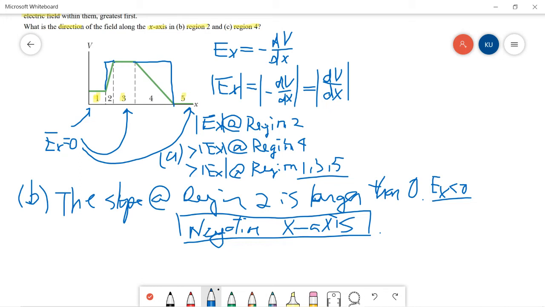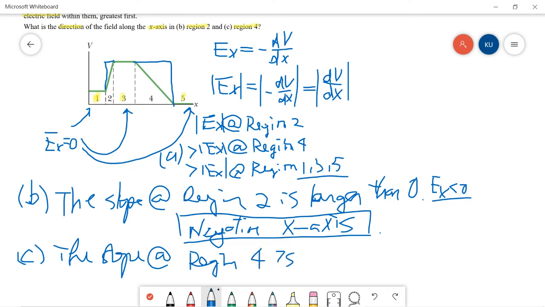So this is the answer of part B. And likewise for part C, the slope at region 4 is smaller than 0, which means Ex is larger than 0.